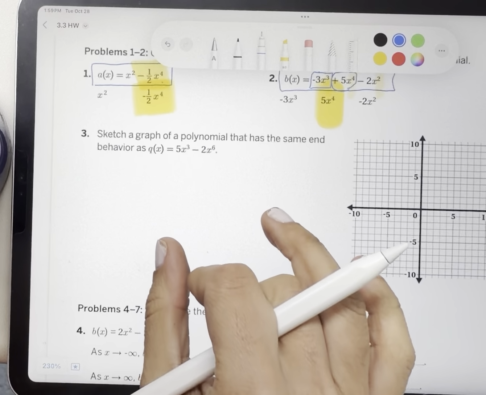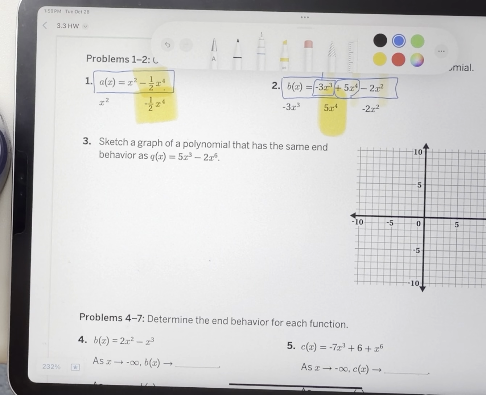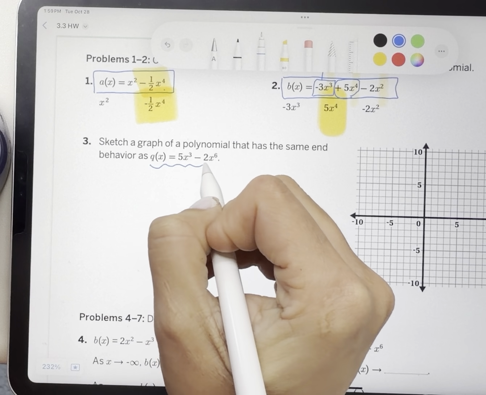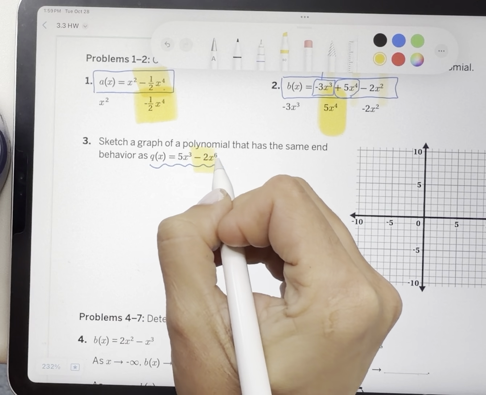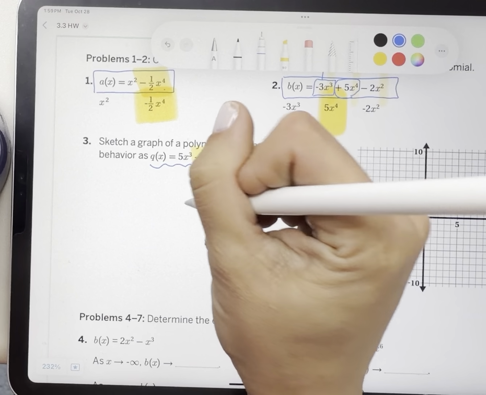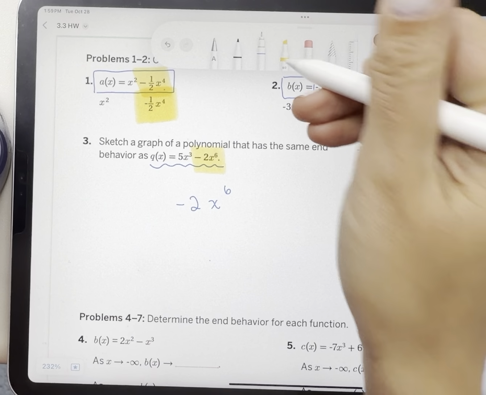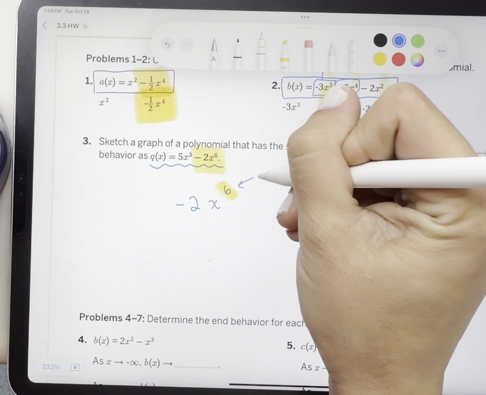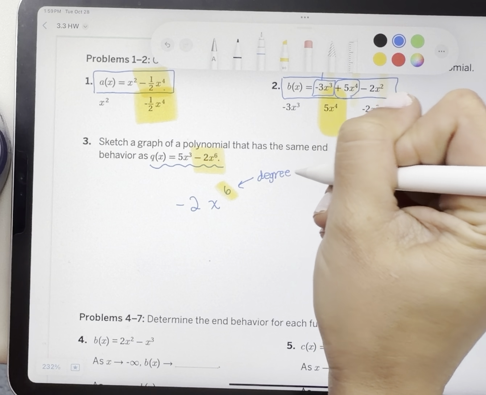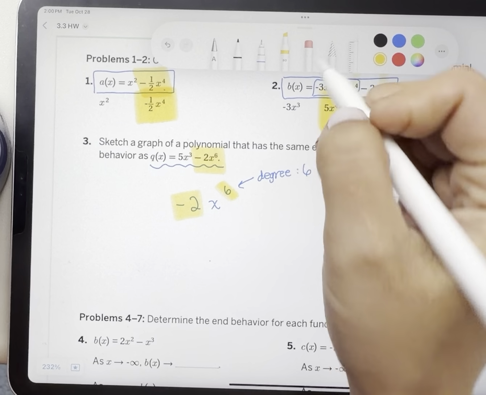Alrighty, now let's look. Here they want me to sketch a graph of a polynomial with the same end behavior as this guy. So our shot caller here is the negative 2x to the 6th. That's the leading term. The leading term tells me my degree. My degree here is 6. And then it also tells me my lead coefficient.